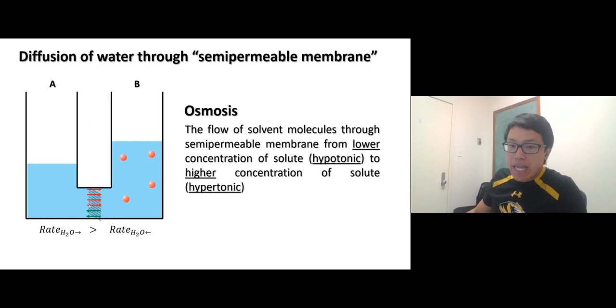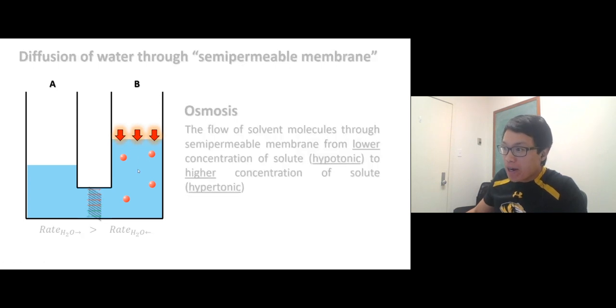Now, if this keeps happening, the water level in B is going to be higher because osmosis from A to B is faster. But as the water level in compartment B gets higher, it starts to get heavy.